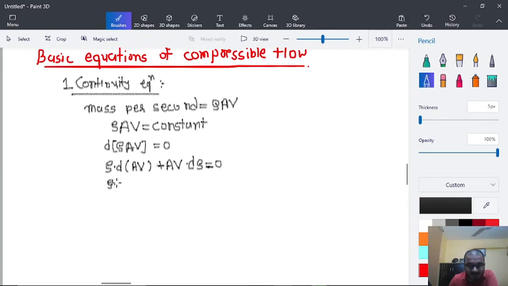Rho into A dV plus V into dA. I am assuming that you have knowledge of fundamental differentiation, so we are not going to discuss the small details here.